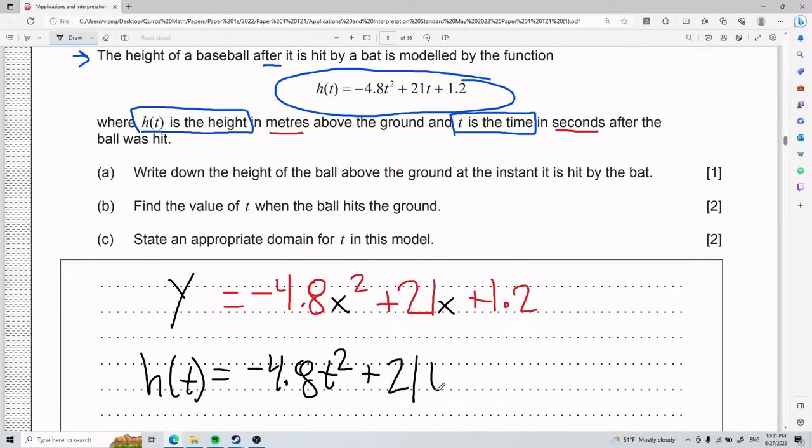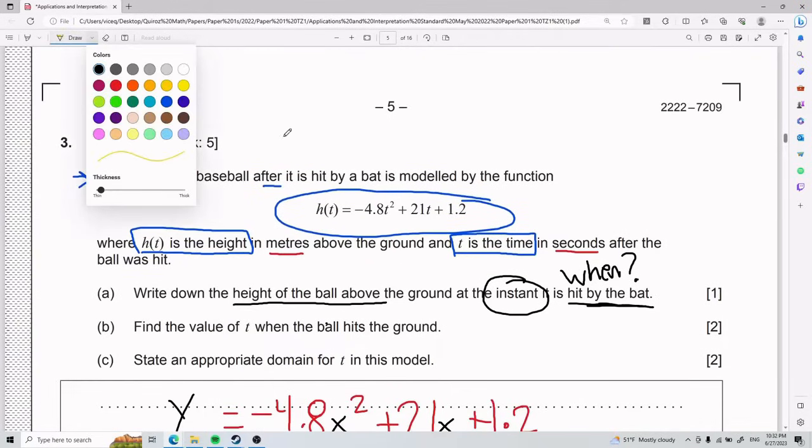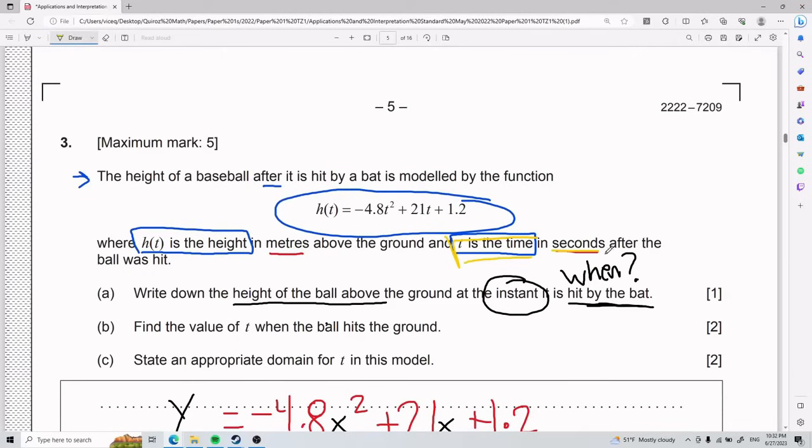The second thing I'm going to say is that context matters for these kinds of questions. So if we need to write down the height of the ball above the ground at the instant it is hit by the bat, you need to think, when is it hit by the bat? Well, t is time in seconds after the ball was hit.